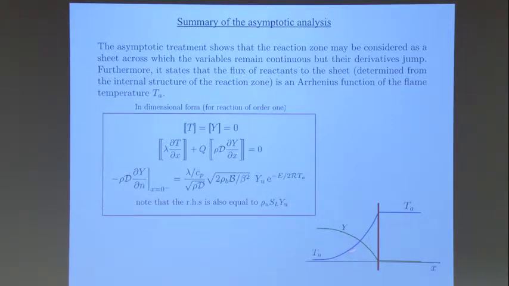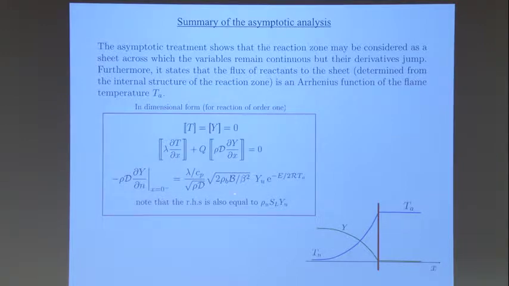We learned that the reaction is essentially concentrated near a sheet or a boundary layer, a very thin region, where the fuel mass fraction and the temperature are continuous, right? That's the first statement, that there is a relation between the flux of fuel diffusing towards the reaction and the flux of heat conducted away from the reaction, and the relation comes from the conservation laws.